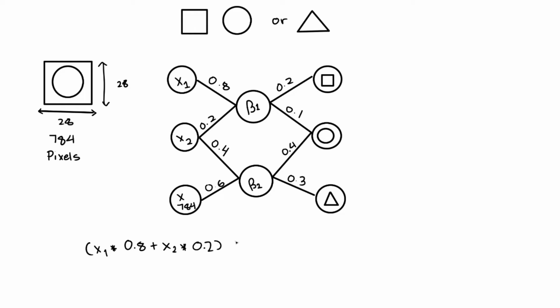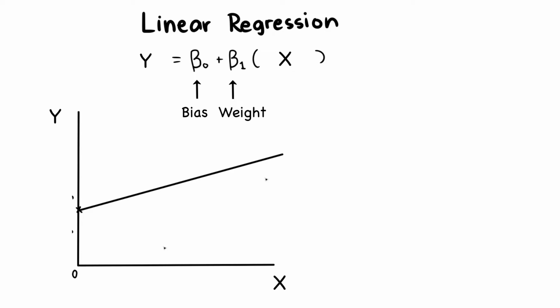And each of these neurons is associated with a numerical value called the bias, which is then added to the input sum. And that brings us to 2 important concepts that we need to cover, which we've covered previously in linear regression, and that is weight and bias.